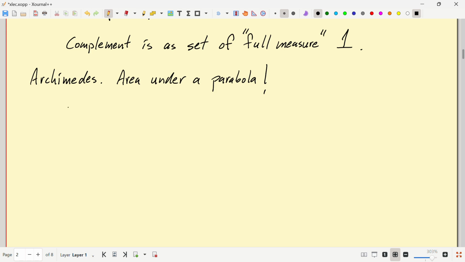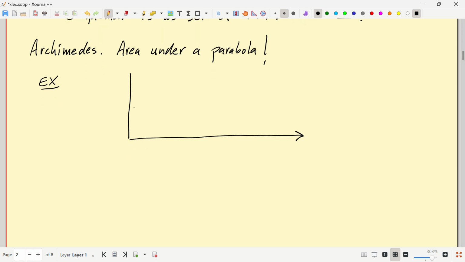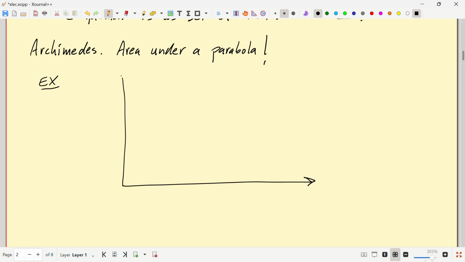And so the classic example I always do in freshman calculus because it's just plain fun. Let's see, I can make a big picture here. Is to find the area under the graph of y equals x squared between 0 and 1.